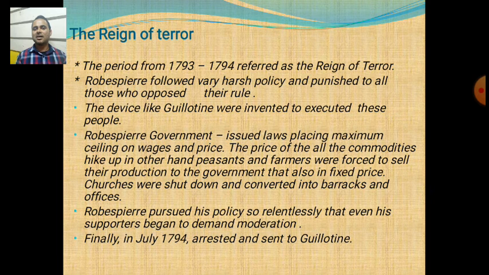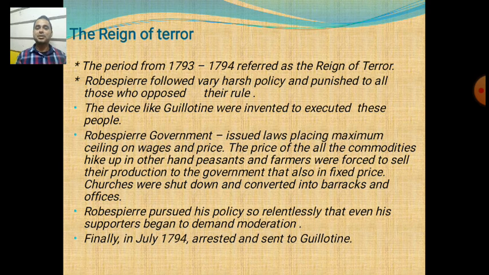Whoever spoke or went against the Jacobins or the government was given very painful punishments. Do you know, to establish their control and rule in France, they introduced such a device also, which was used to execute the people who were criticizing Robespierre.